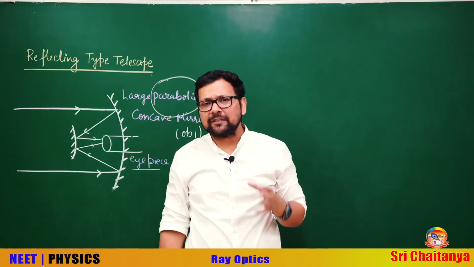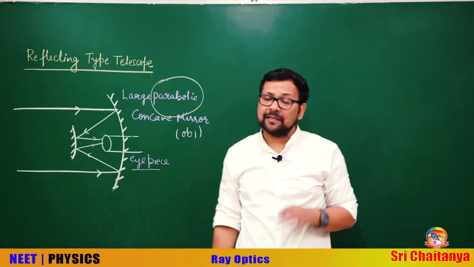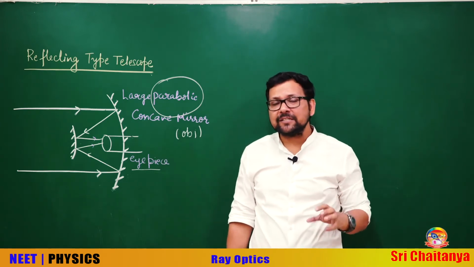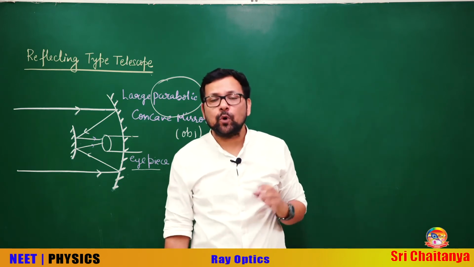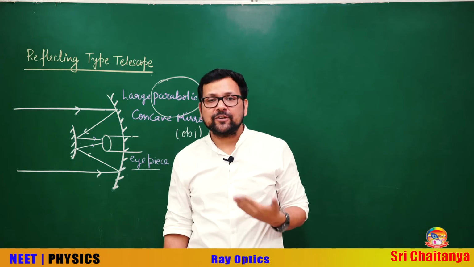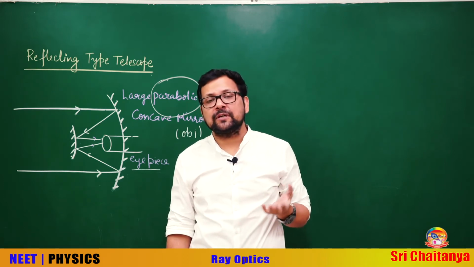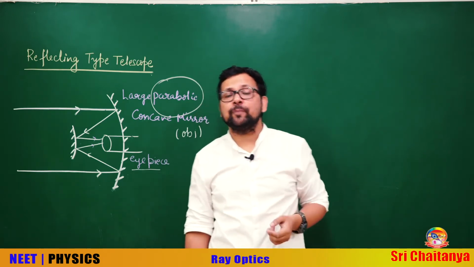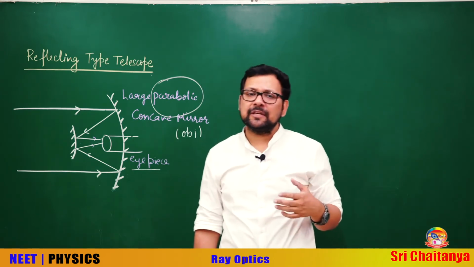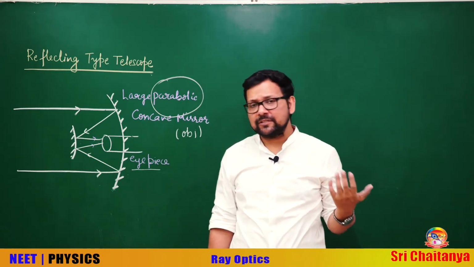So there is no mathematical or numerical formula on this, at least in your syllabus for NEET. But they ask questions on the reflecting type telescope on the basis of aberrations. For what aberration don't we use the refracting type? Your answer should be chromatic. Again, questions are being asked. In AIIMS they used to ask this in assertion-reason also.